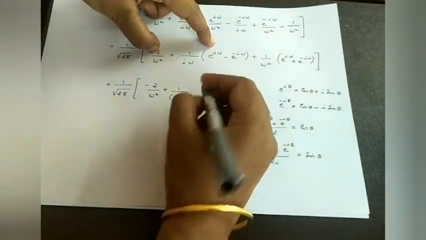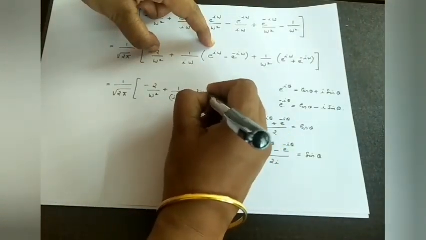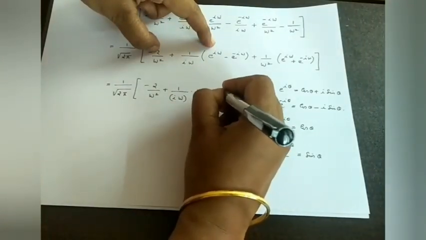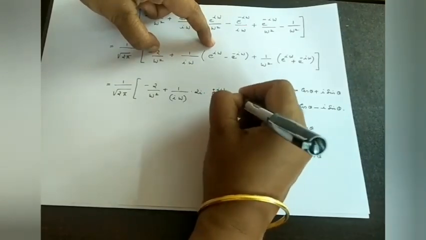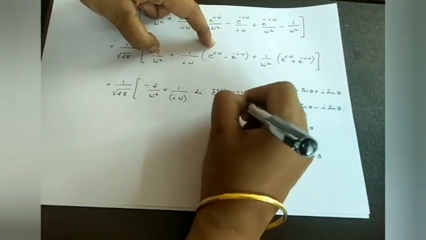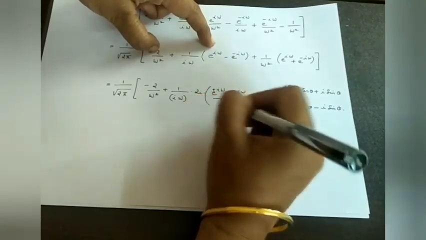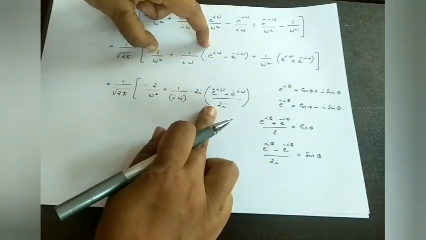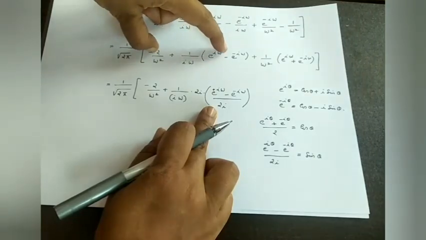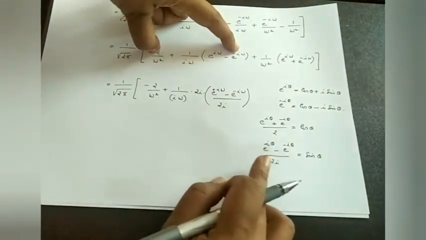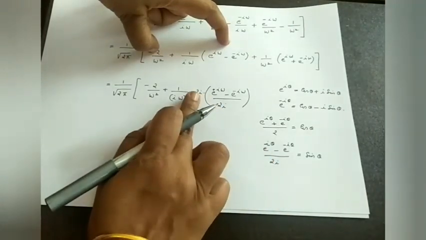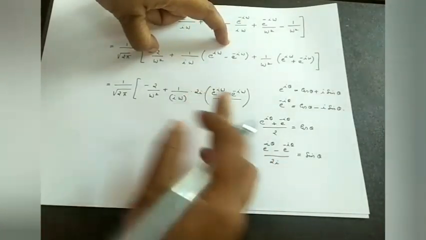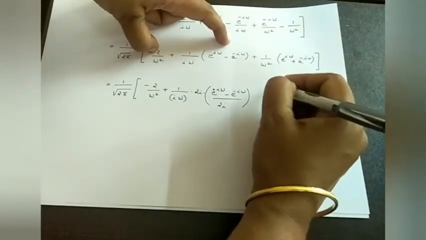For that, I will multiply by 2i and divide by 2i. To convert e^{iω} minus e^{-iω} into this form, I will divide it by 2i, so that I will multiply it by 2i.